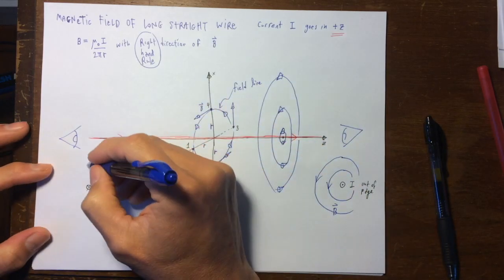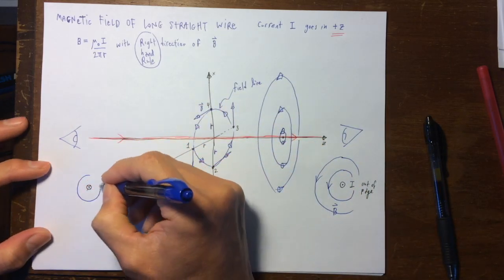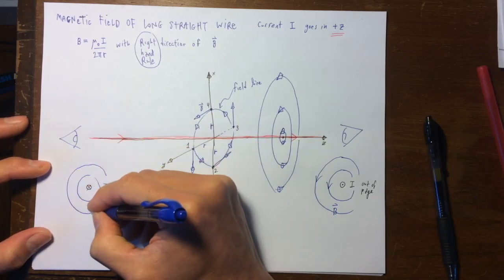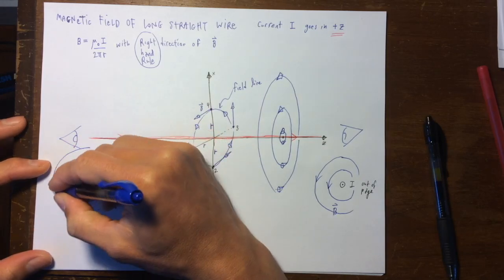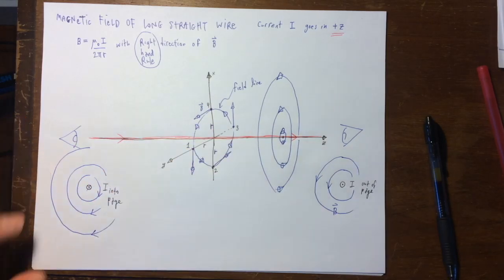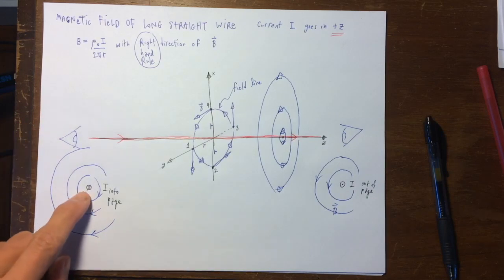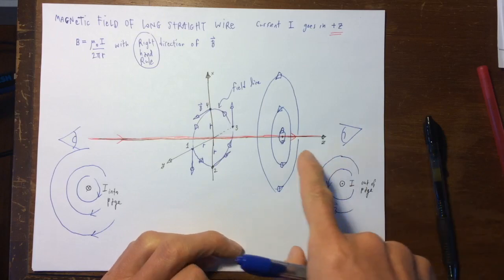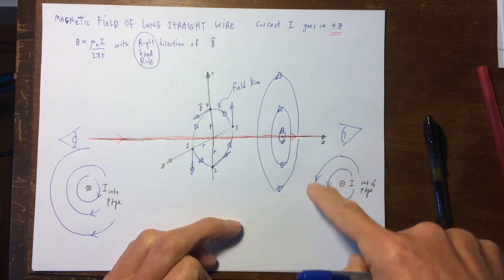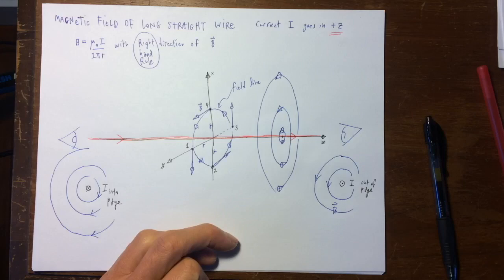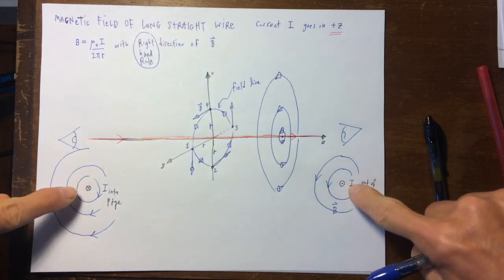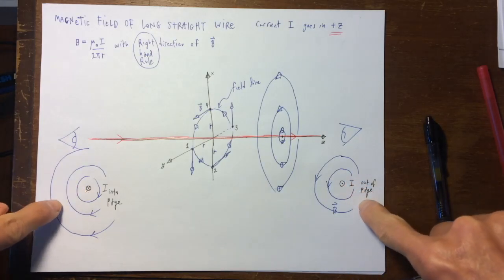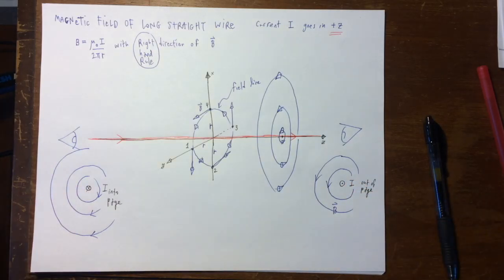So the field lines run in the opposite sense, running in a clockwise sense, like this. So that person sees a current headed away and sees a clockwise sense of field. This person sees the current headed towards them and sees a counterclockwise sense of field. The field does get weaker and weaker as you imagine checking at places further and further away from the axis of the current.